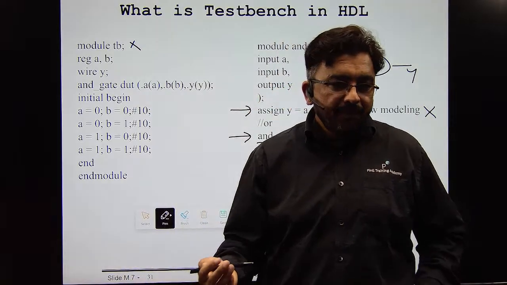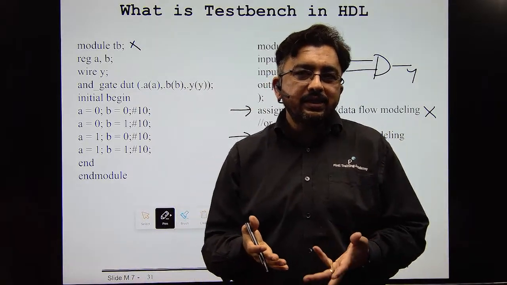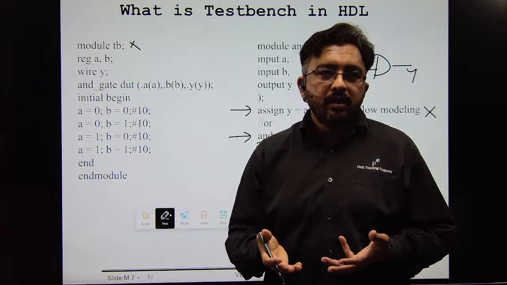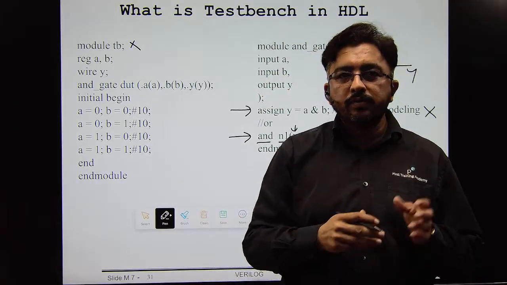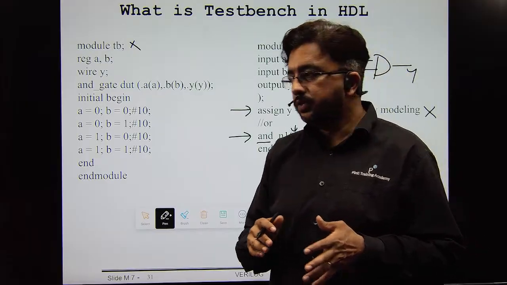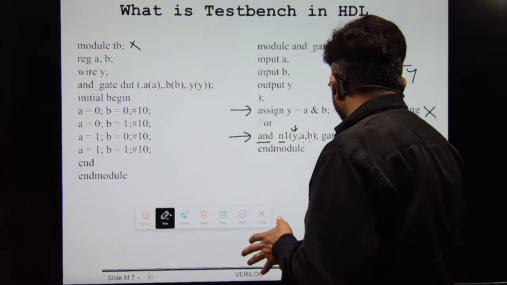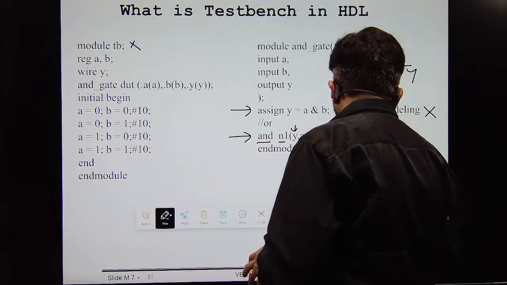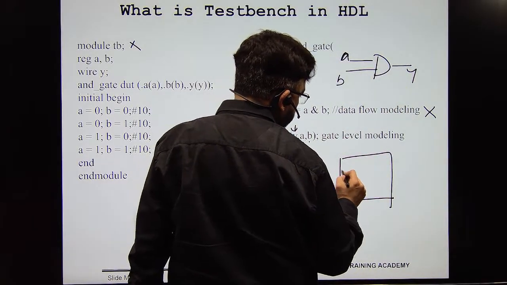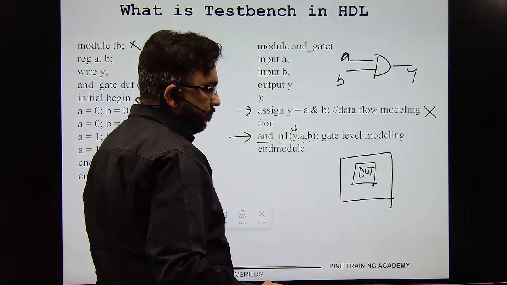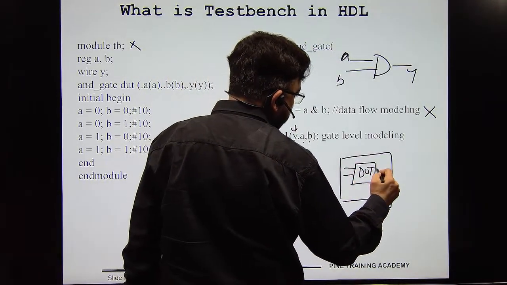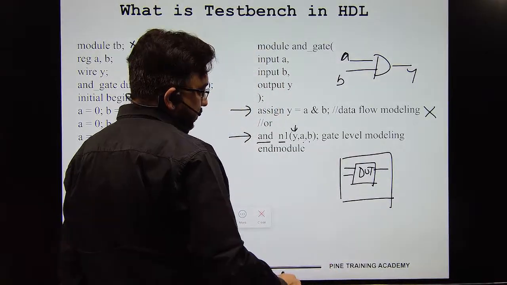Why? Because in a test bench, we are not forcing the value from outside. It is something like this: you have a unit under test, this is your DUT. Some DUTs have inputs and some have outputs.